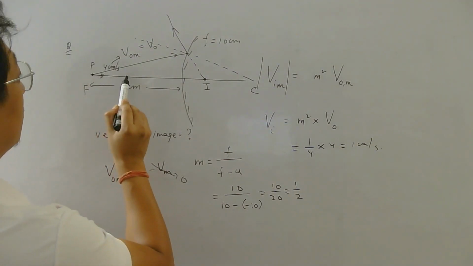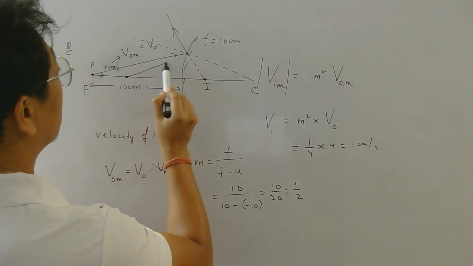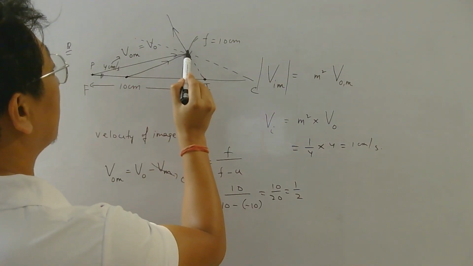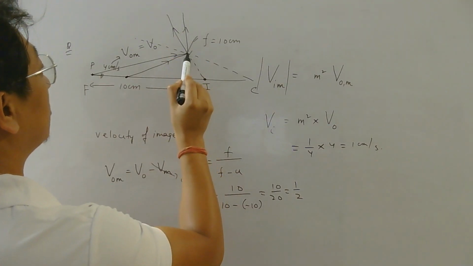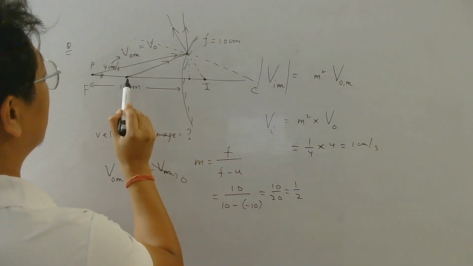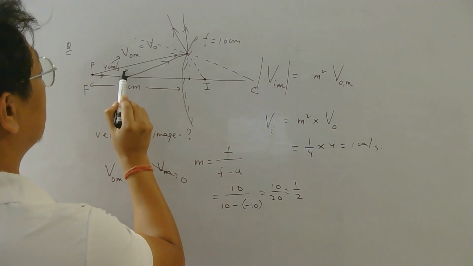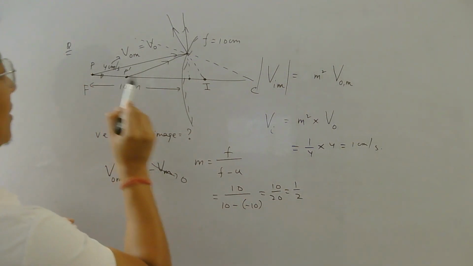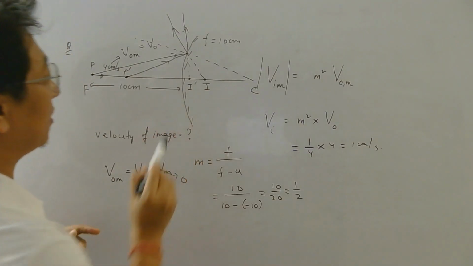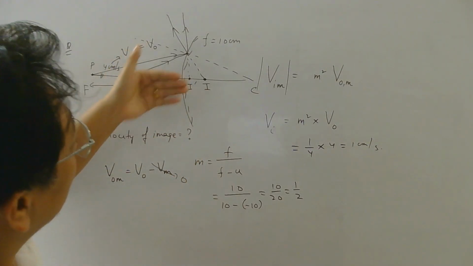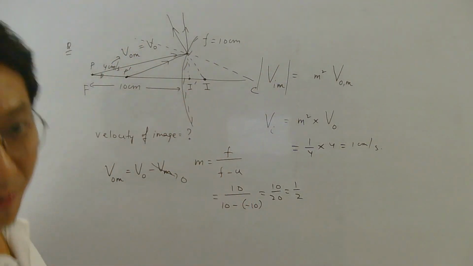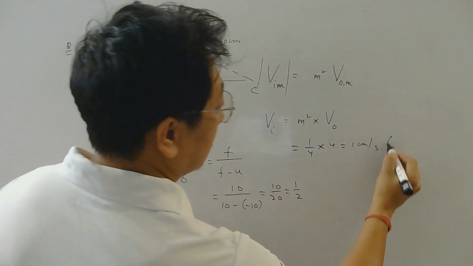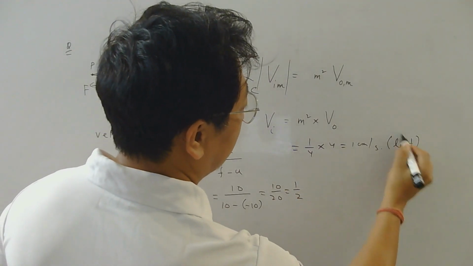Then when your object comes closer, it will hit at a bigger angle. So the image will be formed here. So if this is the second position of the object, this will be the second position of the image. So when the object is going here, the image is coming here. Okay, so it is 1 centimeter per second towards the left side.